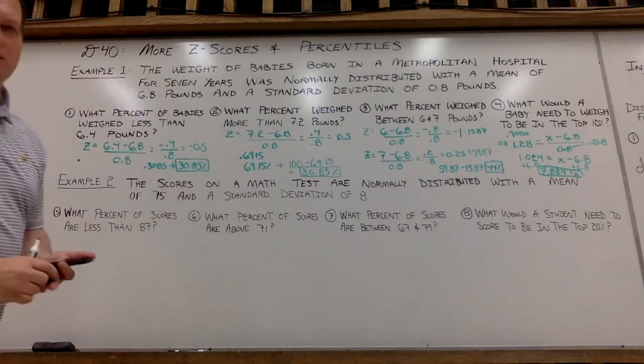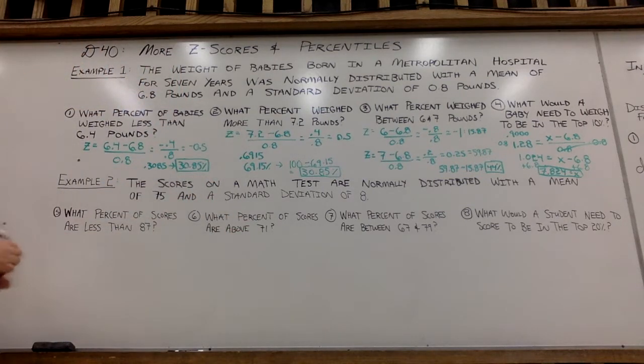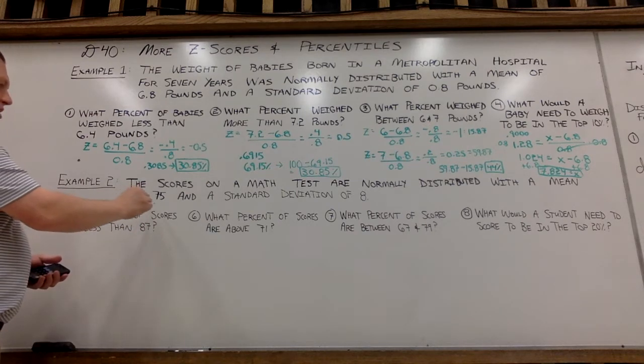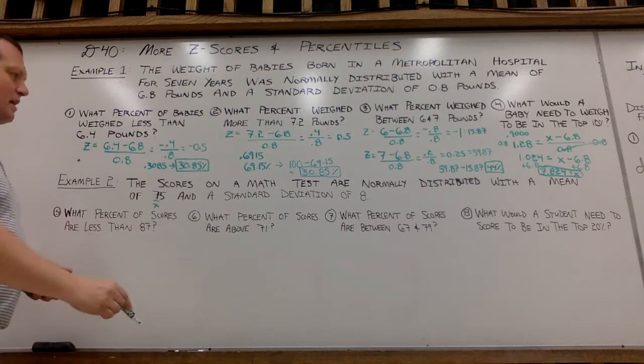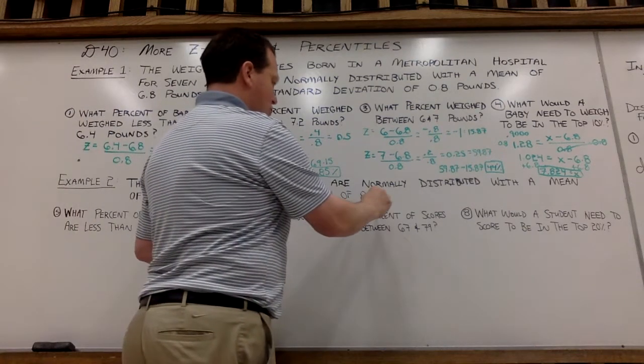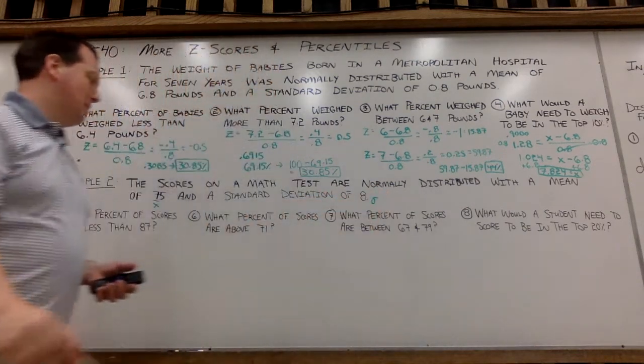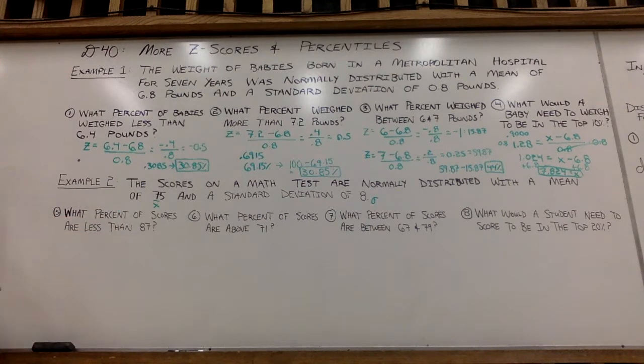We'll take a look at one more example to make sure we've got it down. We have test scores here that are normally distributed. The mean x bar is 75, and standard deviation sigma is 8. We want to know what percent of scores are below 87. So we'll find that z-score, observation minus mean over standard deviation.